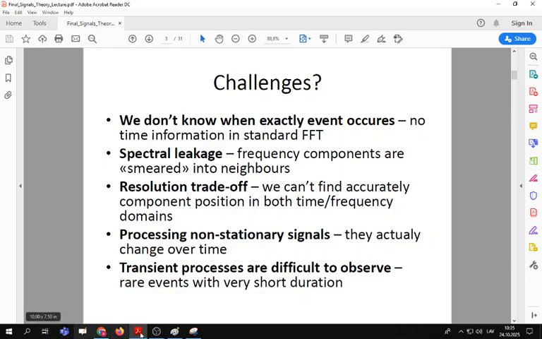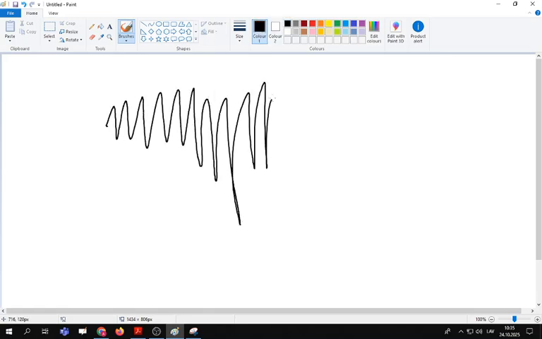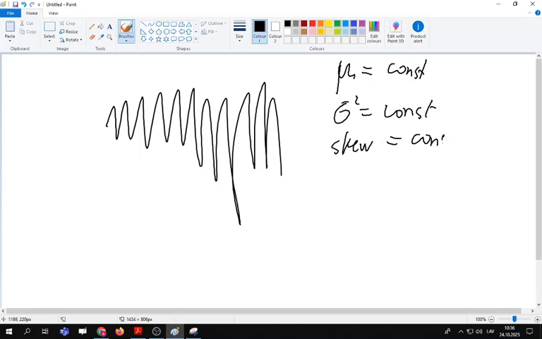But in the simple sense, we can say that a stationary random process, stationary stochastic process, is a process for which we have statistical moments like average constant, variance constant, skewness constant, and so forth. So these numbers are not changing over the entire duration of the signal.